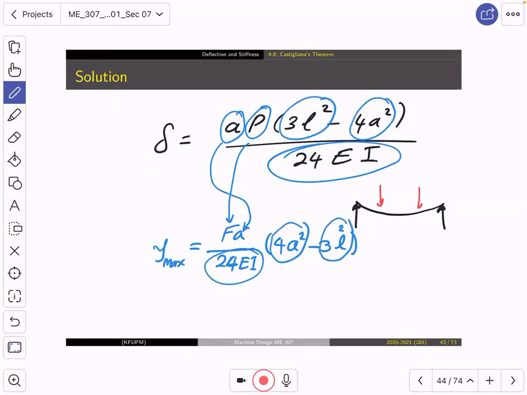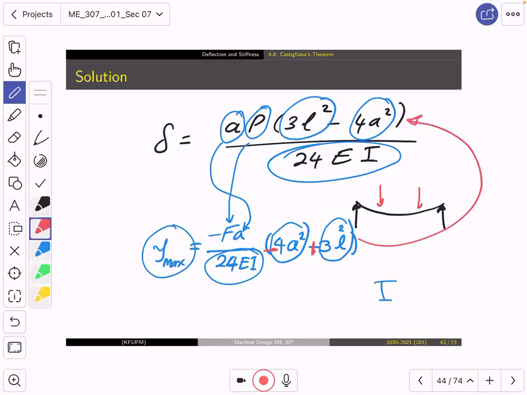The reason is that Y maximum in the book is measured as a positive value. But in reality, if you multiply this by a negative, this is going to be negative and this is going to be positive, indicating that delta is negative, as in downward.